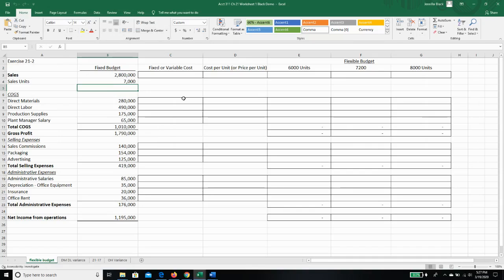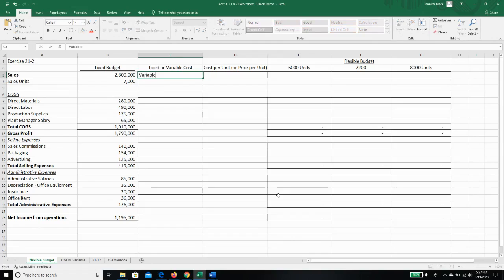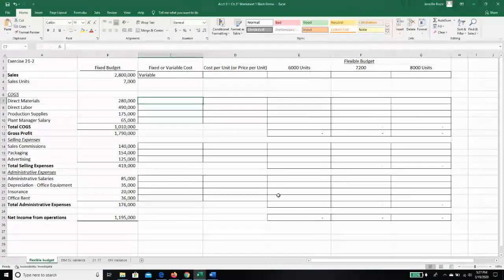And we want to decide if each of our line items is fixed or variable. So I'm going to go in here and say sales are variable, meaning that total sales will vary depending on how many units we sell. Direct materials are variable because if we sell more, we'll spend more.